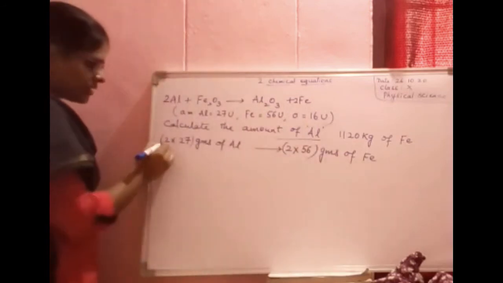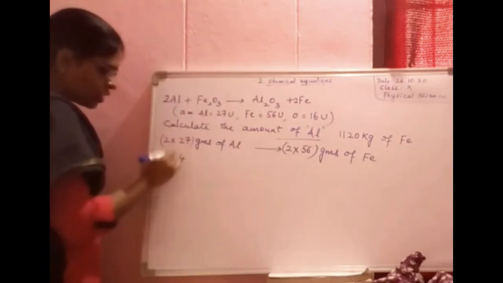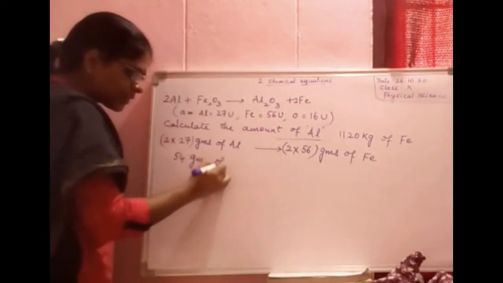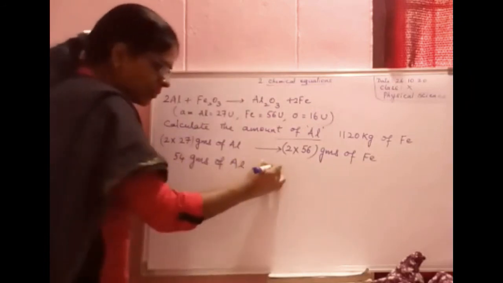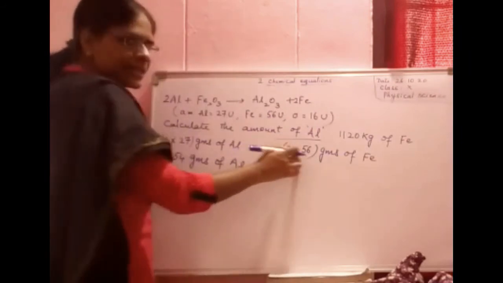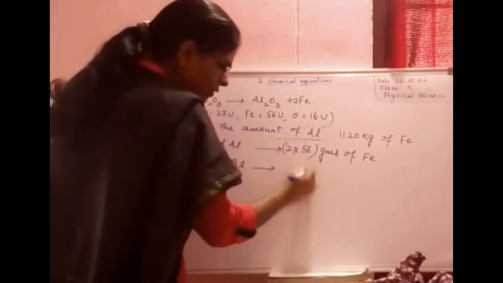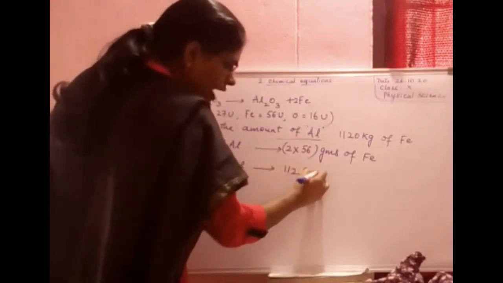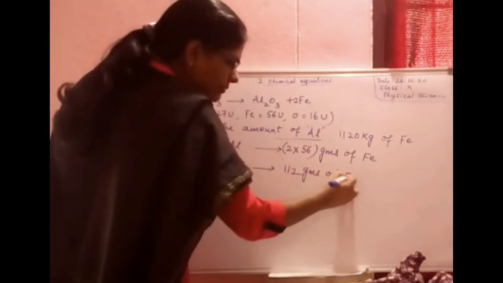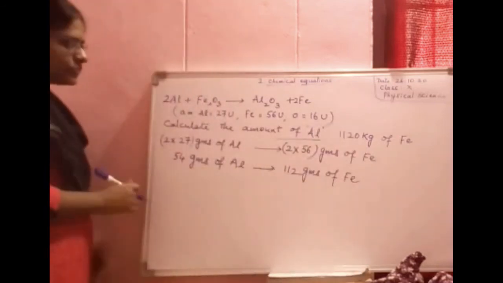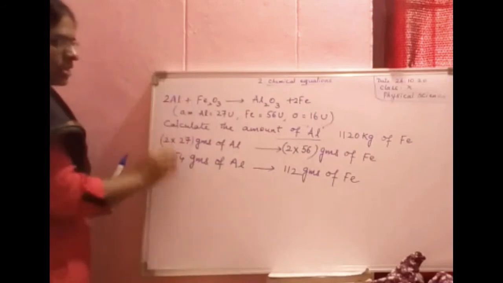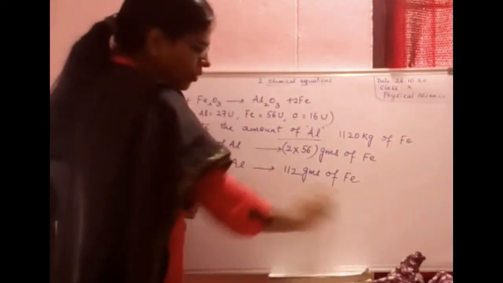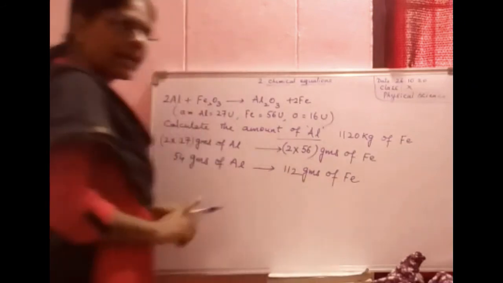Now, 2 into 27 is 54. 54 grams of aluminium gives 2 into 56, which is 112 grams of iron. So 54 grams of aluminium reacts to give 112 grams of iron.